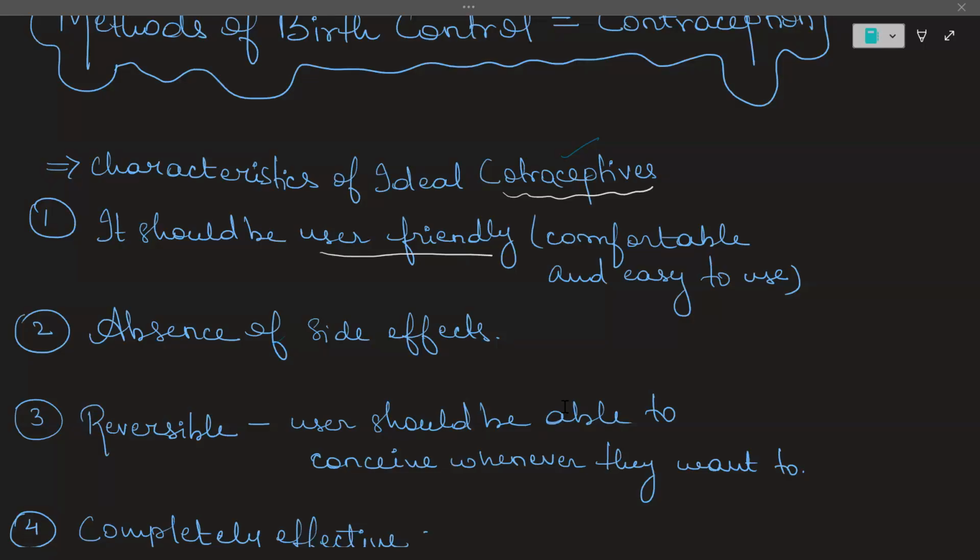The first thing is that it should be user friendly, meaning whoever is using it should be comfortable using it. It should be easy so that they don't have to seek help for anything. Apart from that, all contraceptives that are used should have no side effects. Then only people are going to use them.